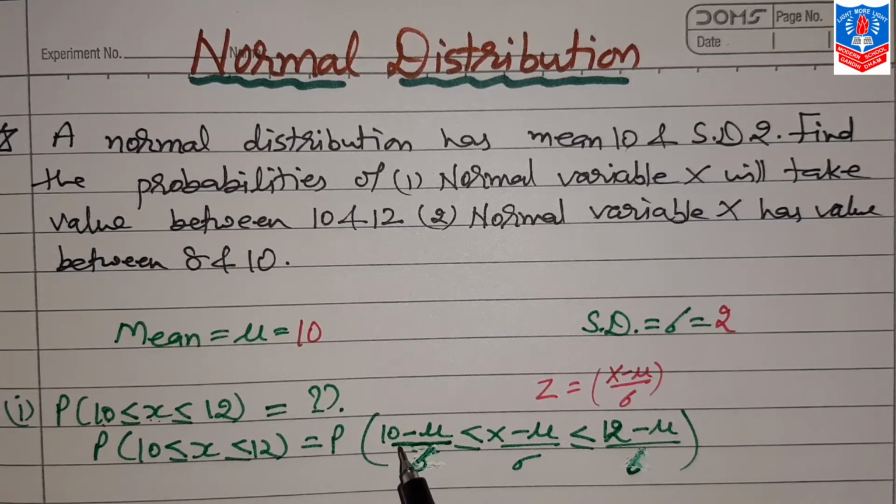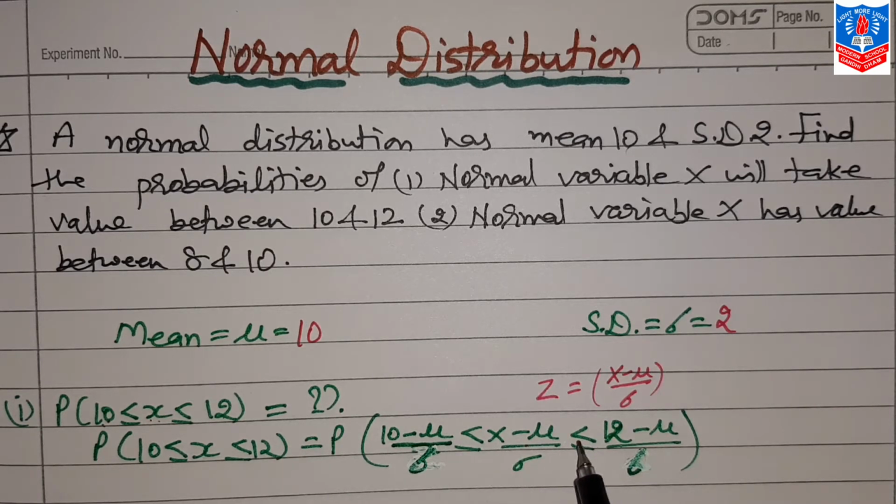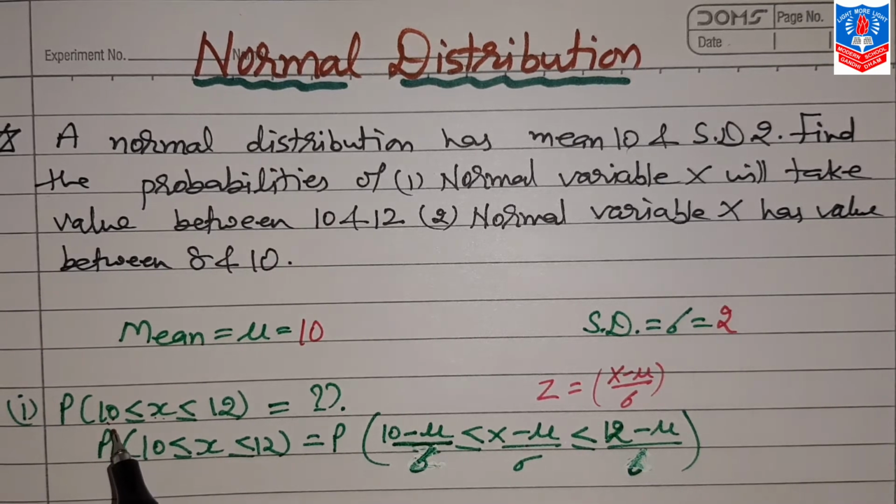So here, between 10 and 12, I have written 10 minus mu upon sigma less than or equal to z, whose formula is x minus mu upon sigma, less than or equal to 12 minus mu upon sigma, because we are supposed to find the value between 10 and 12.